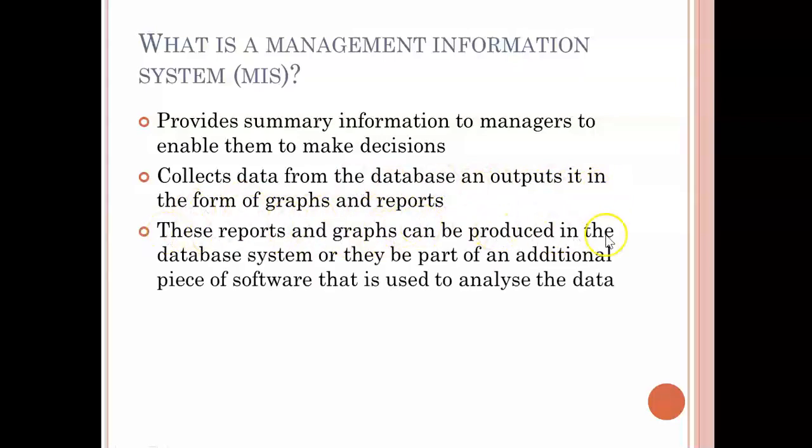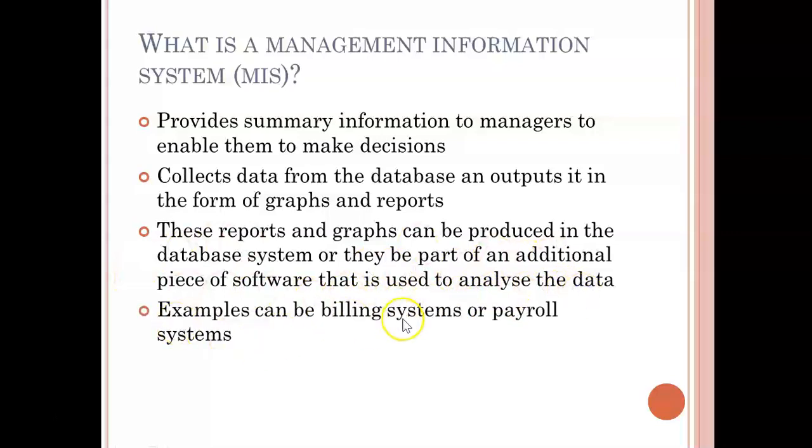These reports and graphs can be produced in the database system, or they can be part of an additional piece of software that is used to analyze the data. Examples can be billing systems or payroll systems. So whatever software has been designed for them, these systems can analyze information and output charts and reports and any information that managers need to make important decisions.